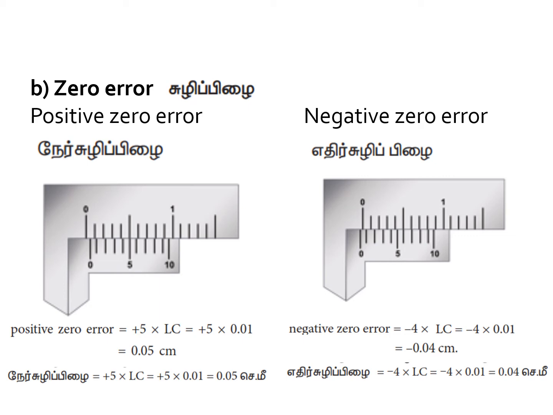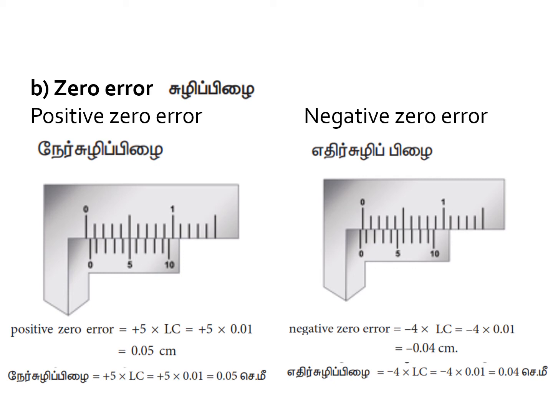Next one is negative zero error. Now look at the second figure. You can see the zero of the vernier scale is shifted to the left of the zero of the main scale. So the obtained reading will be less than the actual reading. To correct this error, we should first find which vernier division is coinciding with any of the main scale divisions. As we found in the previous case, in this case, you can see the sixth line is coinciding.